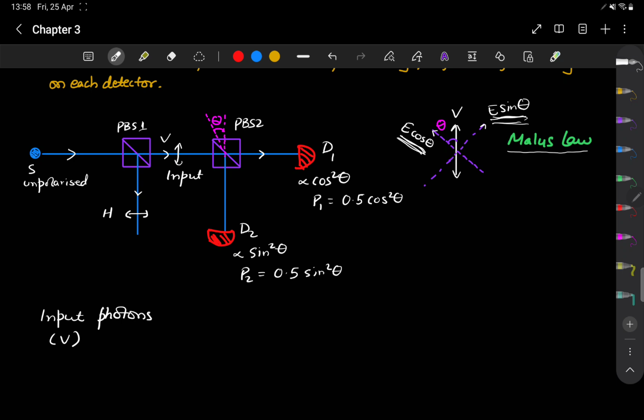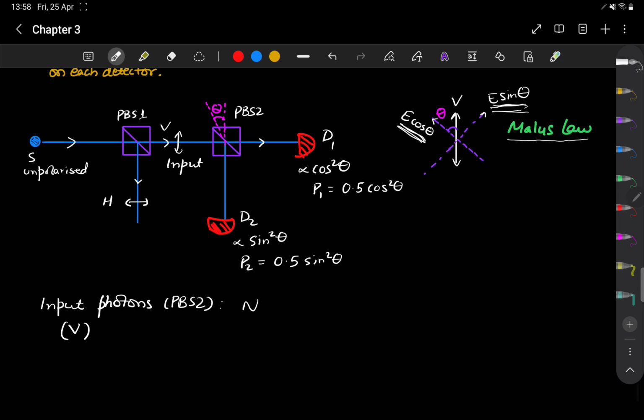So input photons to the PBS2 are vertically polarized, and let us say they are n in number.